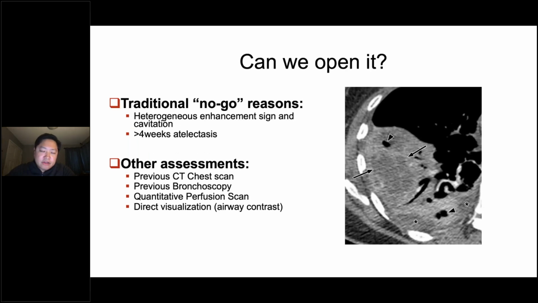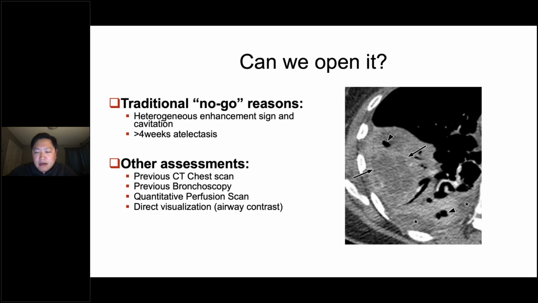So can we open it? The traditional no-go reasons when I was a fellow were the heterogeneous enhancement sign and cavitation, meaning there's now necrotic disease there. It's not healthy lung tissue, and most likely it's not accessible, or if you do intervene, it may not be able to be opened or functional.